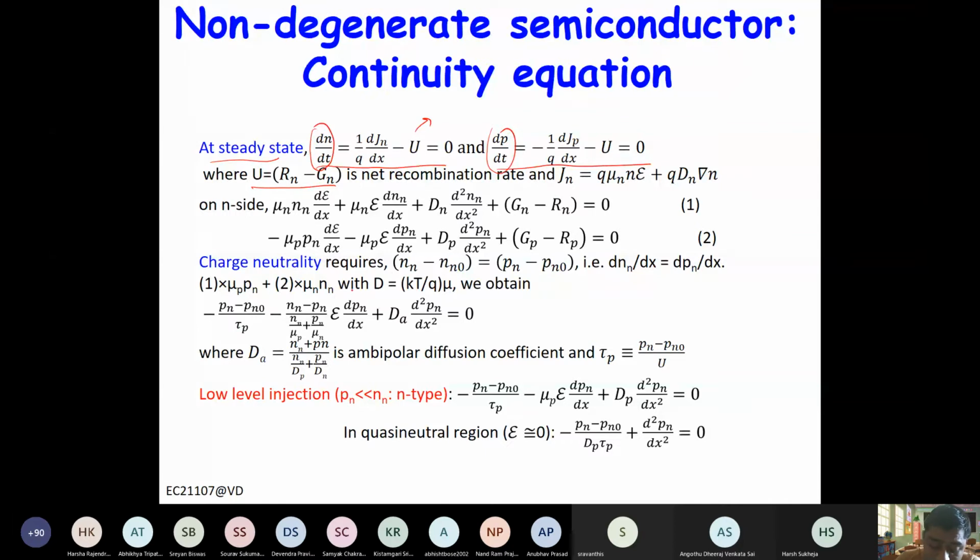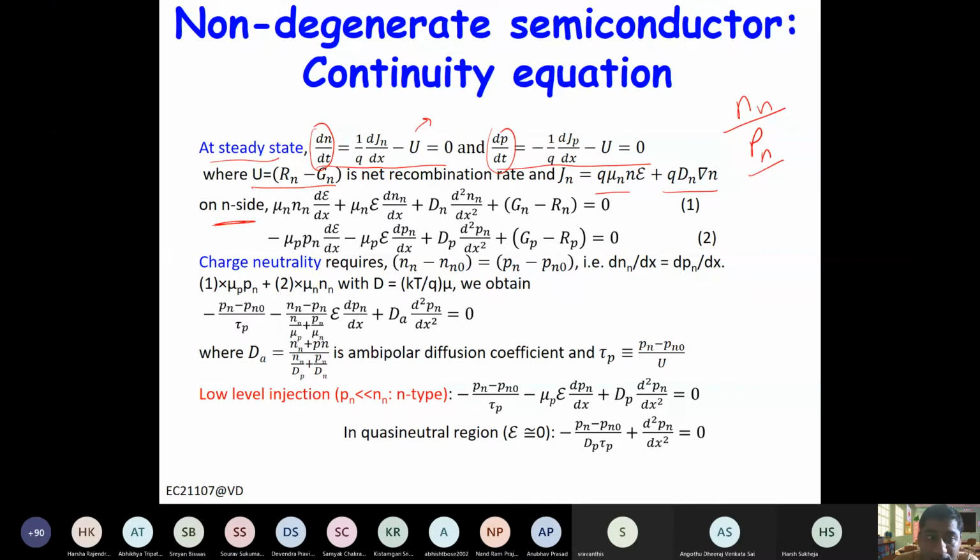So now let us write this equation only for the n side. If you recall, the current equation is n times E plus diffusion coefficient times dn by dx. On the n side, the electron concentration and hole concentration are written with n as a subscript, so the electron concentration becomes Nn and the hole concentration becomes Pn. This is the electron concentration on the n side, and this is the hole concentration on the p side.